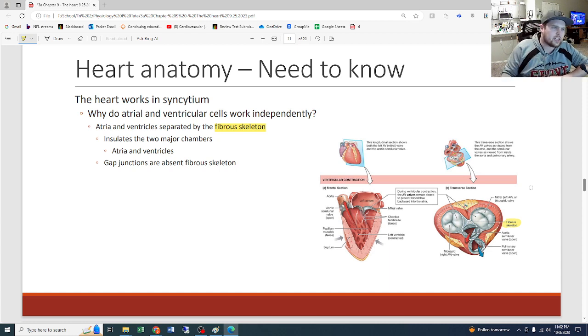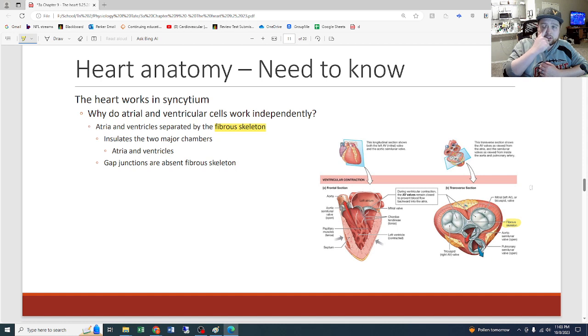It's due to the valves themselves shutting after performing their jobs. But the way that the blood flow works, the atria both squeeze first in order to push the blood into the ventricles, and then the ventricles squeeze and push the blood out, and then the atria squeeze, and the ventricles squeeze, kind of like this. So that way it's lub, dub, lub, dub, lub, dub.